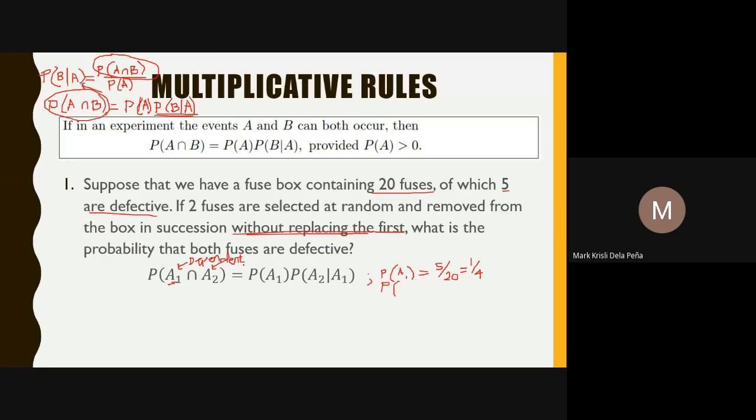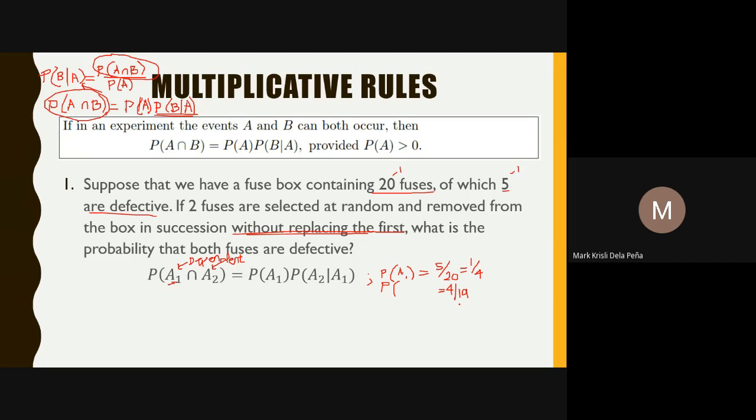Event A sub 2 is that the second fuse selected is also defective. Since we got one fuse and say that it's defective, the number of fuses in the box will become 19. Since we deduct 1, and we got 1 defective, the number of defective left would be 4, and that is 4 over 19. Now the question here is, is this the probability of A sub 2?